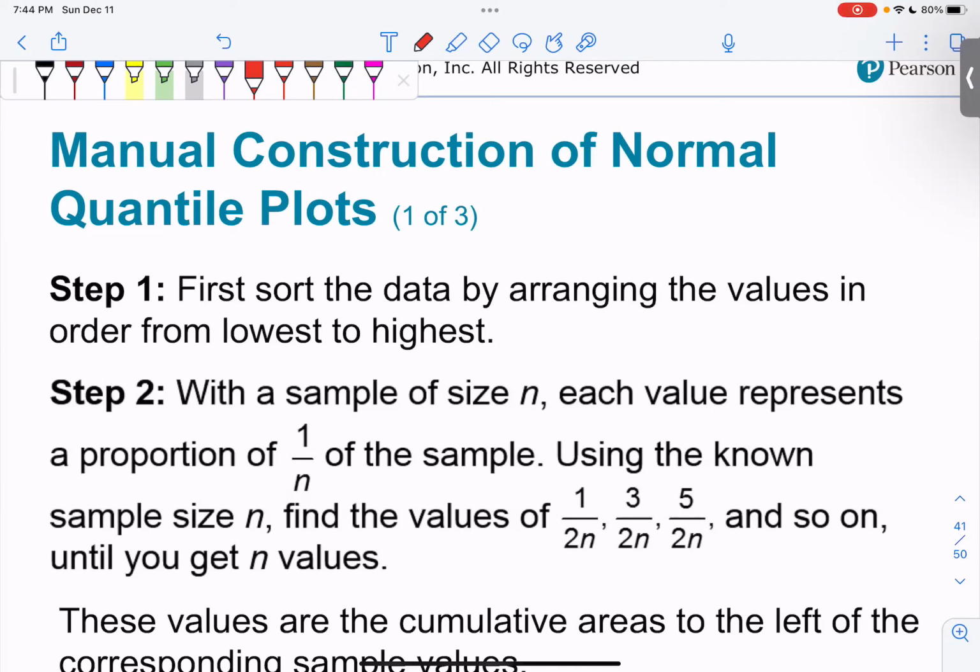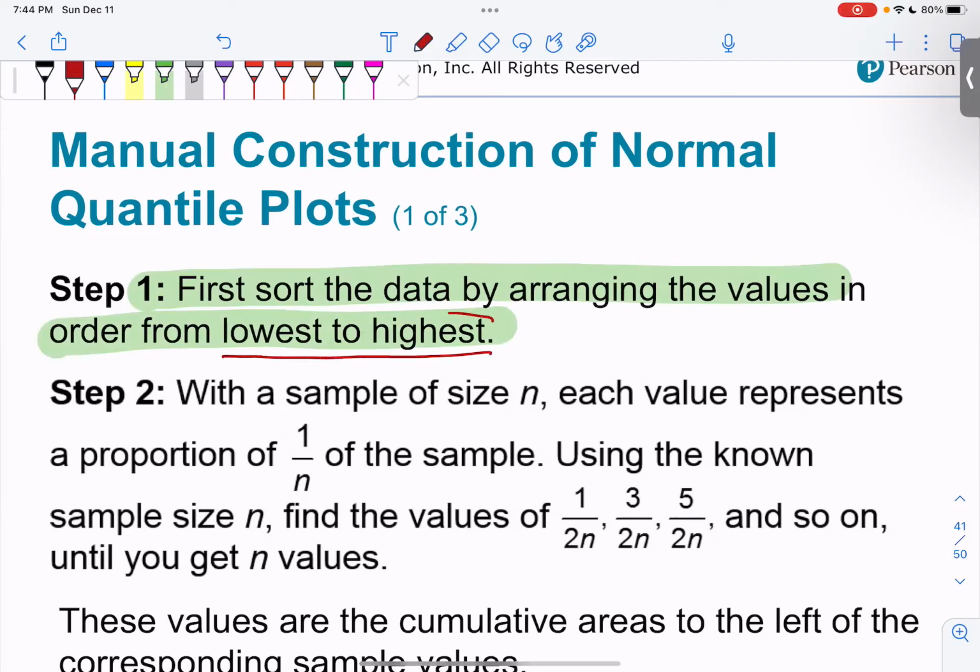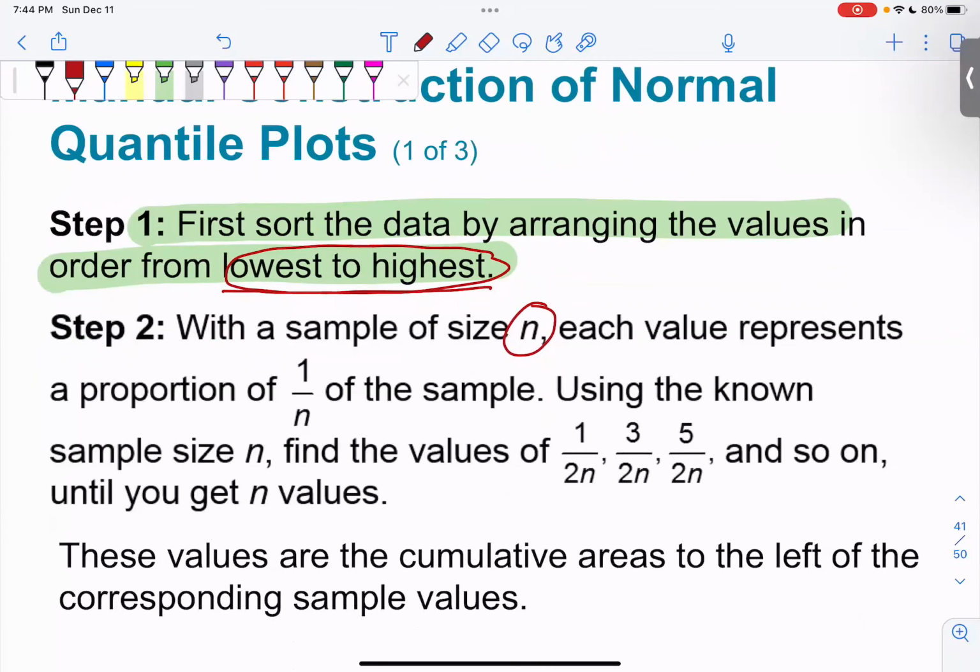The first step is to arrange the data from lowest to highest. Then we find the sample size n, and then we find this sequence depending on how many data values we have.